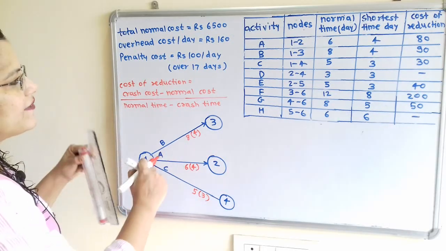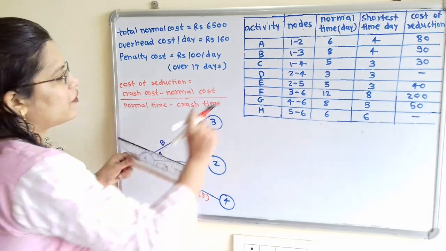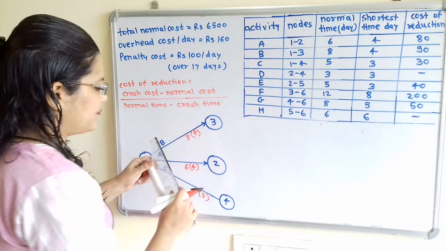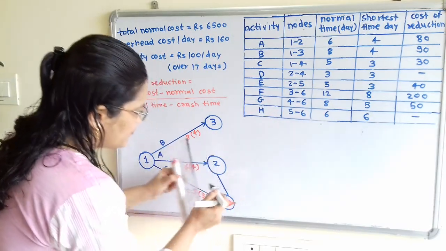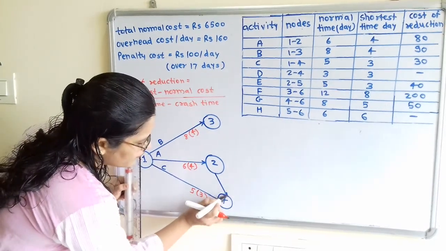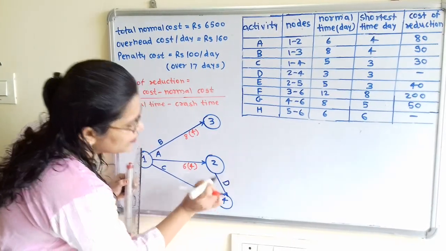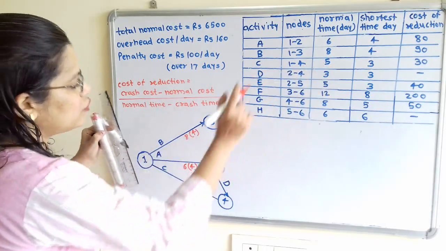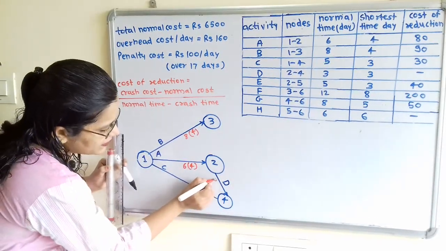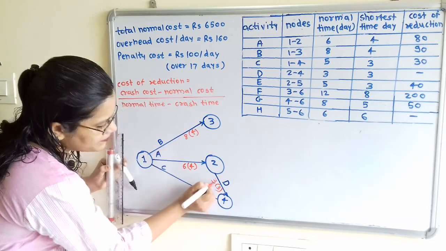Now next is activity D, from 2 to 4. So we will join 2 to 4 here. For D, normal time and shortest time are both the same. So 3 and 3 in brackets.